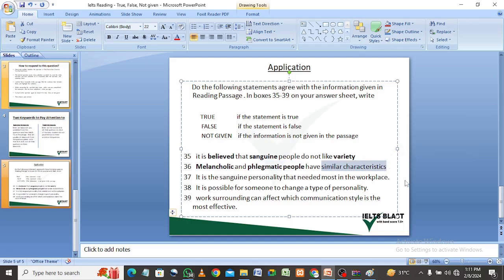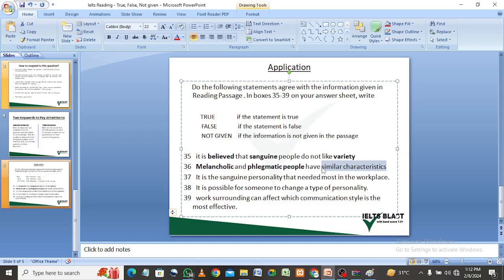Similar characteristics. Maybe in the passage they can use features, they can use traits, or they can use same characteristics. So if they use same characteristics, that means this particular question is what?